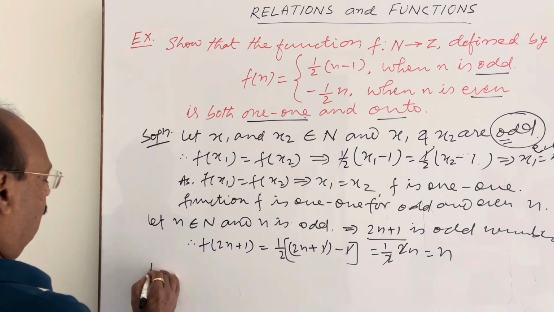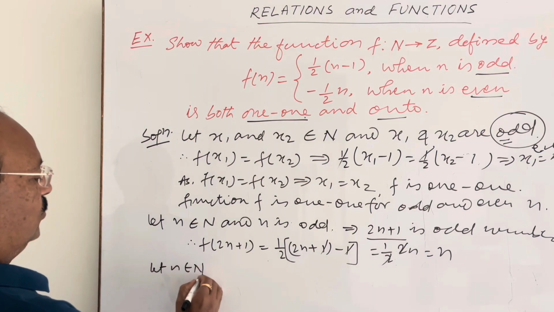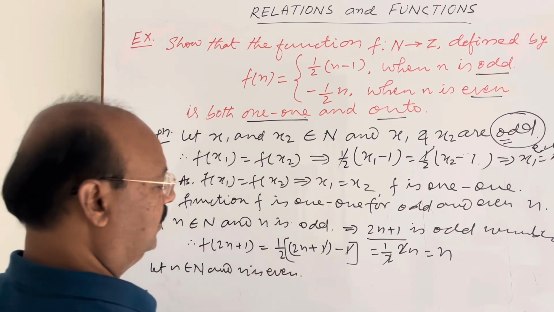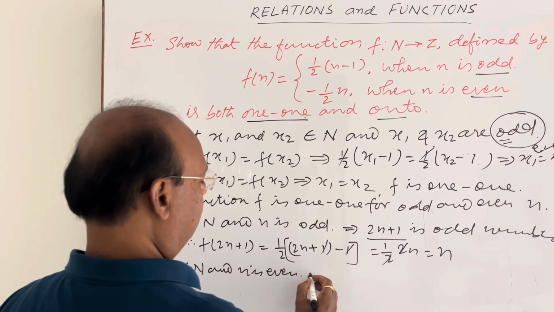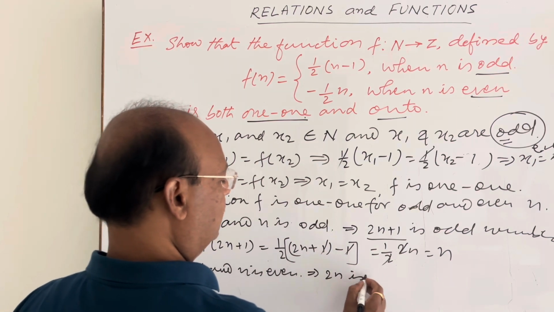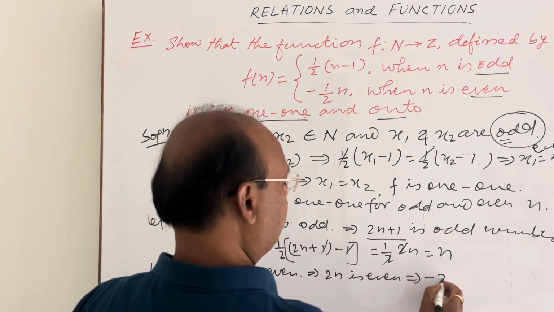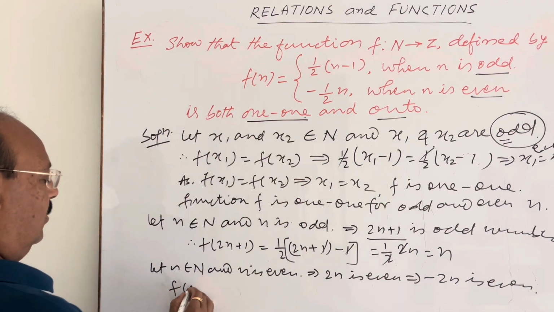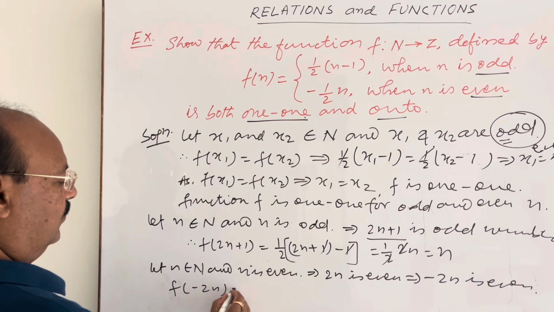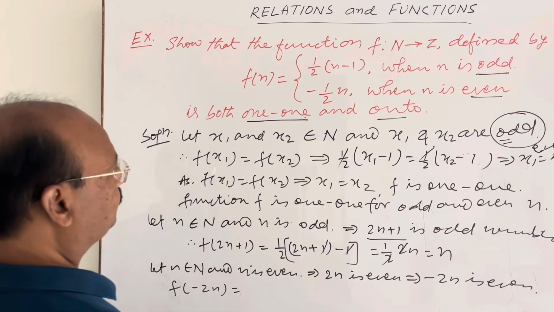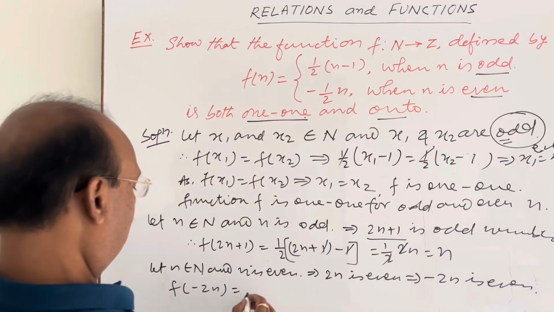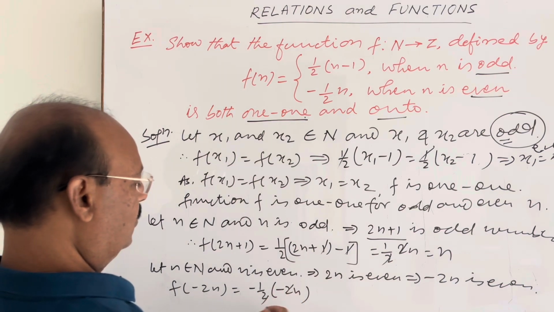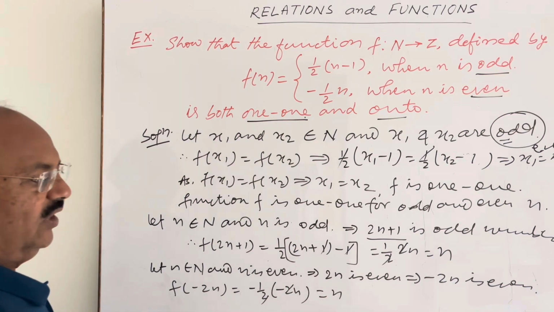Similarly, let n belong to the set of natural numbers and n is even. So if n is even, this implies 2n is even, and this implies minus 2n is even. So f(minus 2n), using this part of the definition, is minus half into minus 2n. The 2 cancels out. This is equal to n.